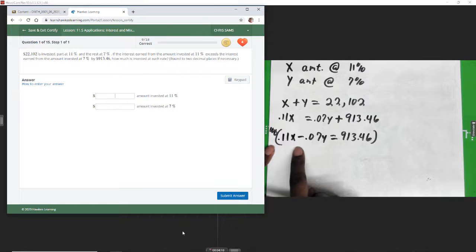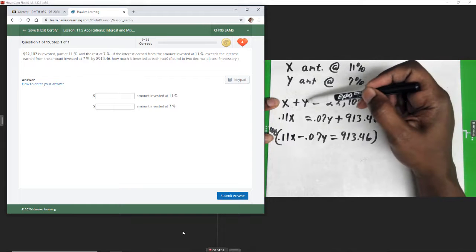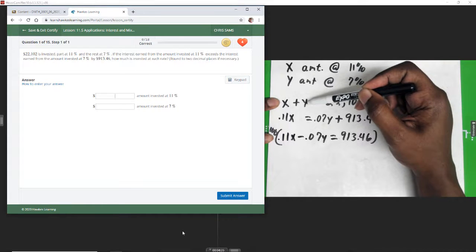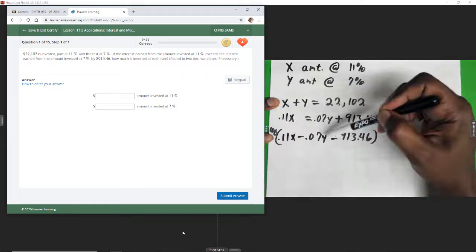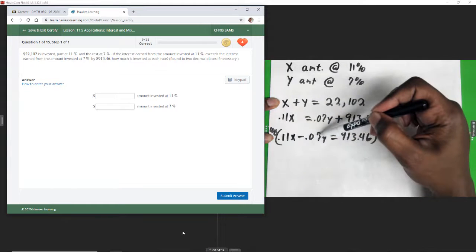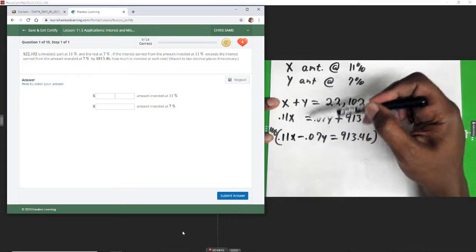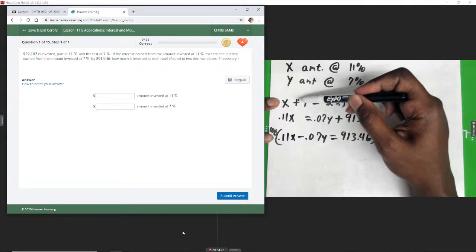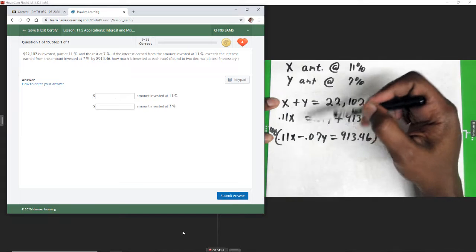At the same time, I'm looking at these two, because this is the original equation I haven't changed, and I want to get rid of either x or y to eliminate and solve for the missing one. When I multiply this by 100, these will be whole numbers. That'll be 11, this will be 7. Since it's already negative in the y, I can use this y to eliminate it, because they're opposite signs, positive and negative.